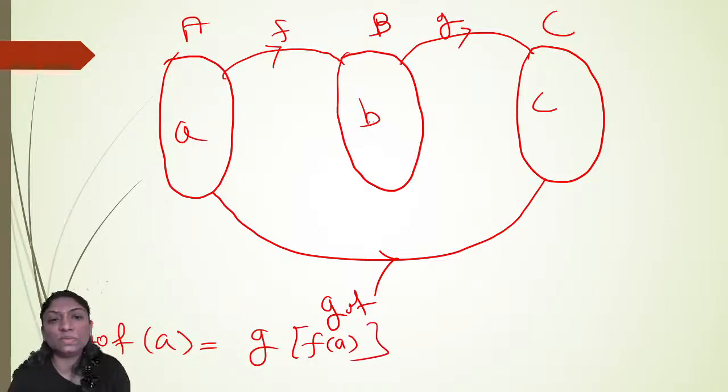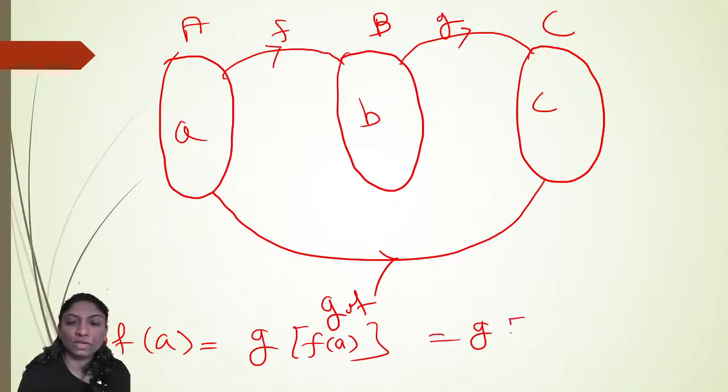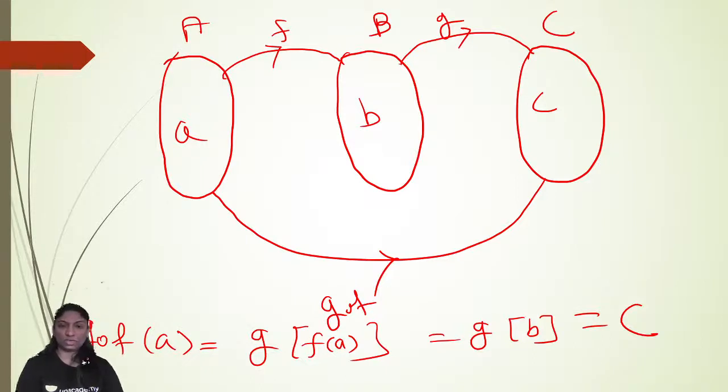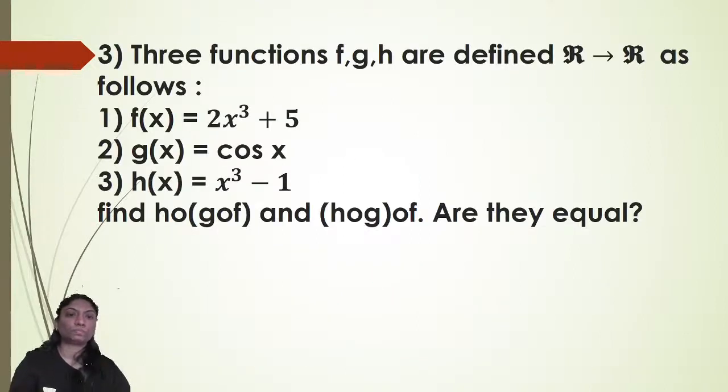But f of a is b, right? So g of b, g operated on b, gives you c. So g composite f of a is equal to c. So f is defined from A to B, g from B to C, then g composite f is defined from A to C. This is the product of functions, also called the composite of functions.